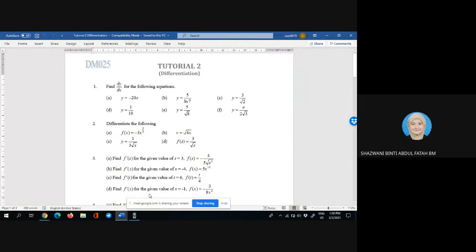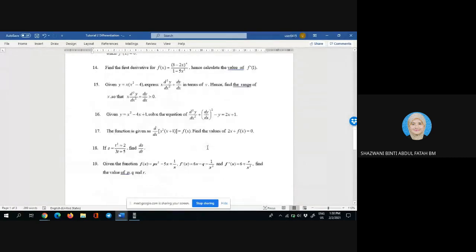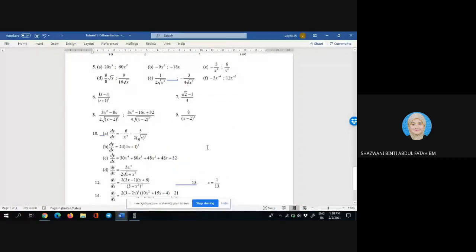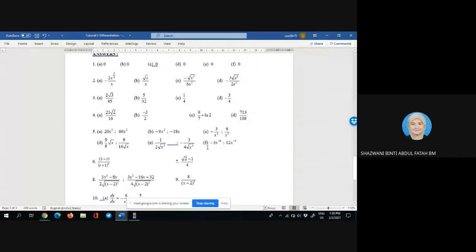So, basically question number 1 and question number 2 you all dah boleh buat dah. Okay, dah start buat dah. Okay, number 3 belum lagi, not yet. Okay, so you can start with question number 1 and question number 2. Okay, so jawapan pun cikgu dah sediakan dah dekat sini. Okay, answers boleh check. Okay, so if you have any problem, boleh tanya cikgu lah.